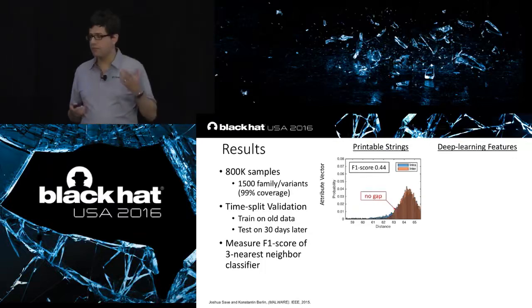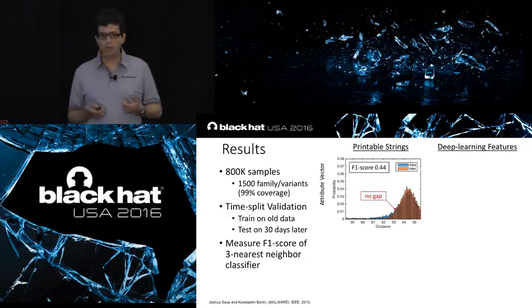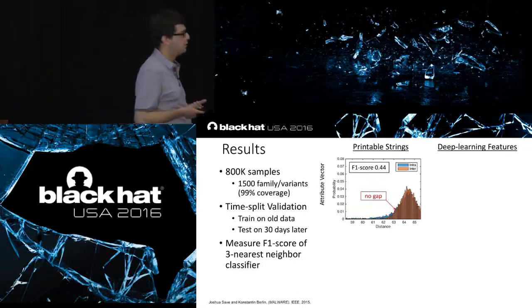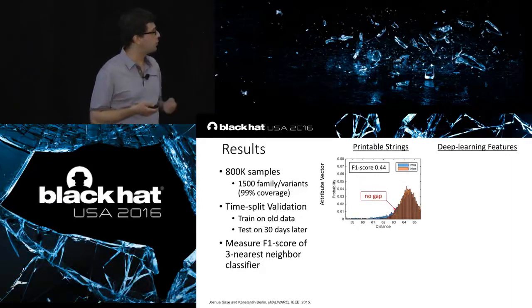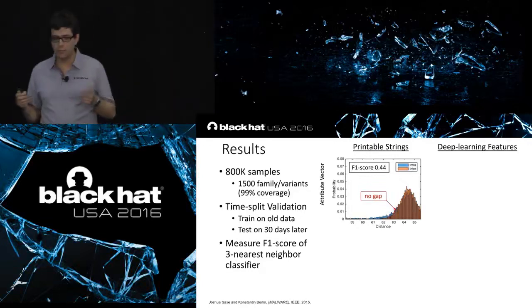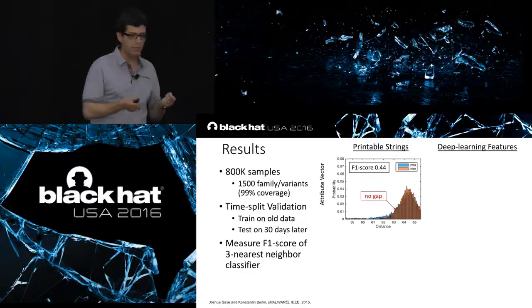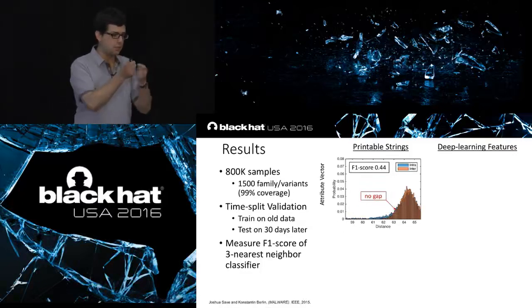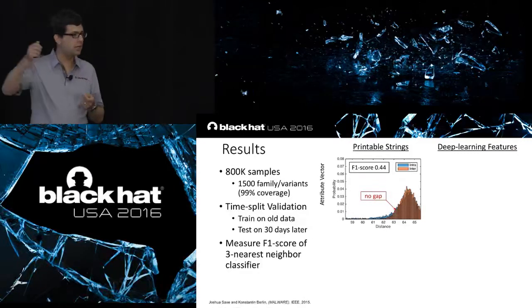So if we just take the raw data, what we have is a pretty bad triage system. There is an F1 score, but the point here is what I'm plotting in blue. The blue is the distances between points inside a family. If you have 2 samples that are Virut, you expect the distance between them to be smaller than from Virut to some other malware that's unrelated to Virut.